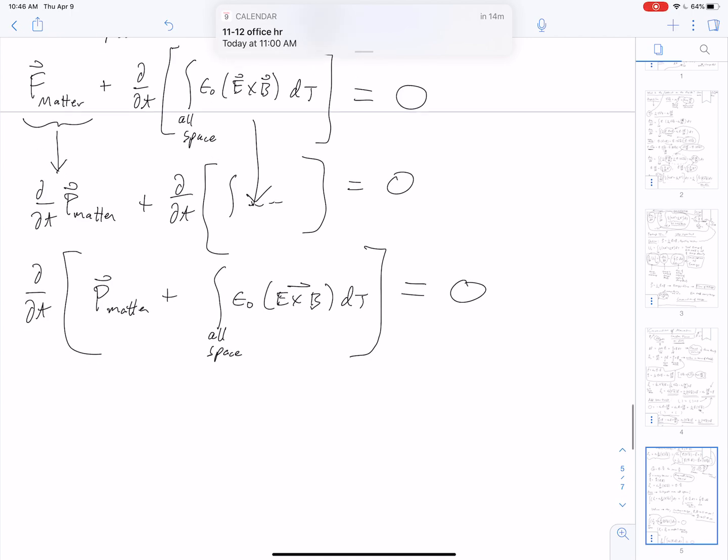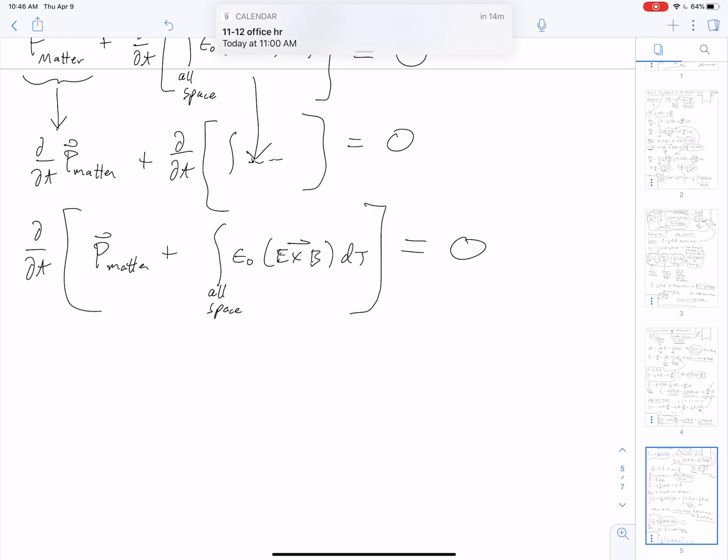Okay, this is where we wanted to go. So what I have now is the time rate of change of momentum plus something else equals 0. Now, what the hell is this something else?